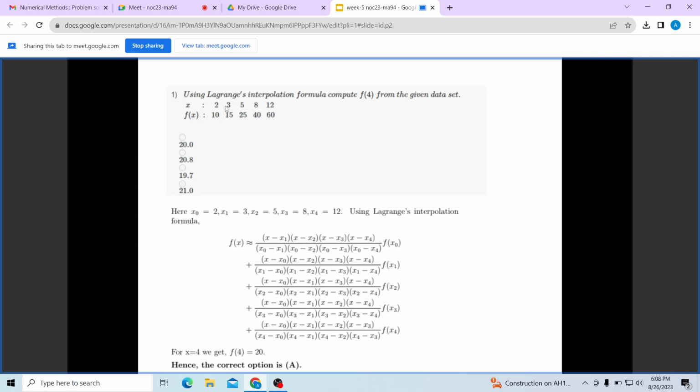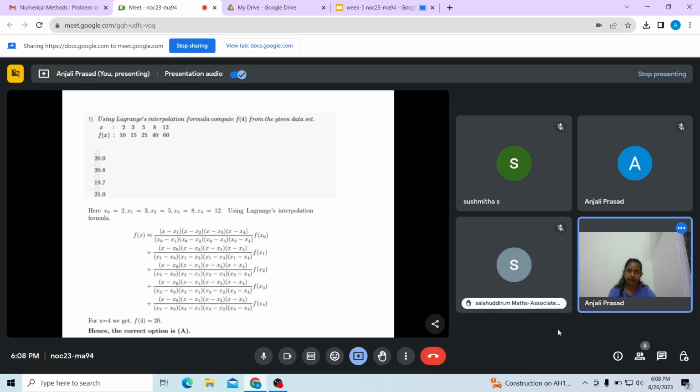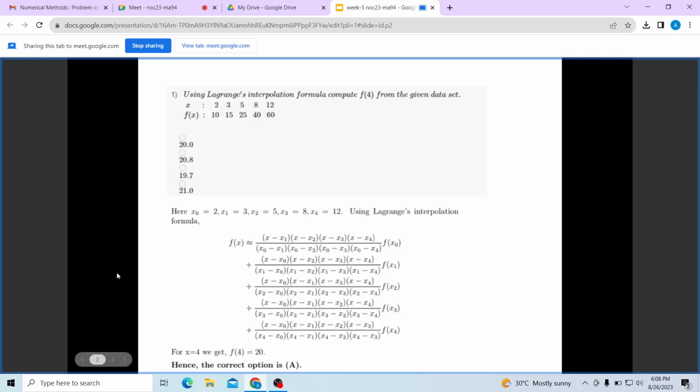Corresponding to that, f of x0 is 10, f of x1 is 15, f of x2 is 25, f of x3 is 40, and f of x4 is 60. Now, let's see Lagrange's interpolation formula.